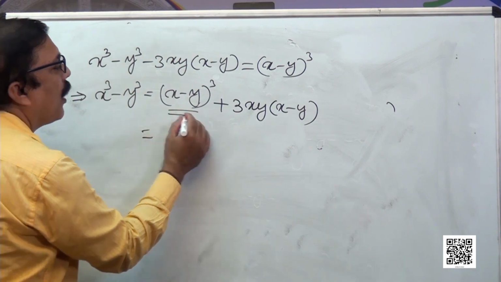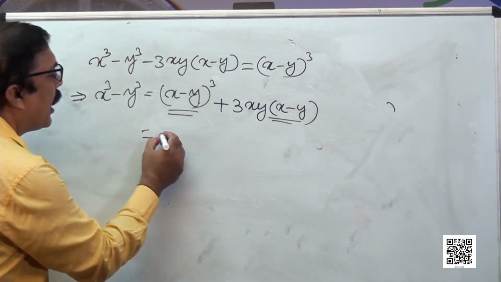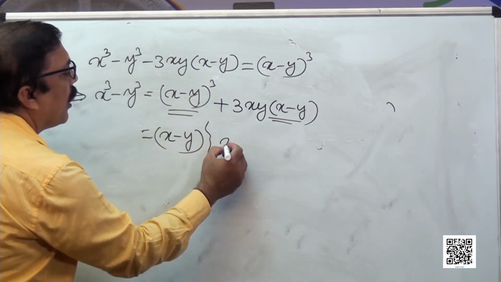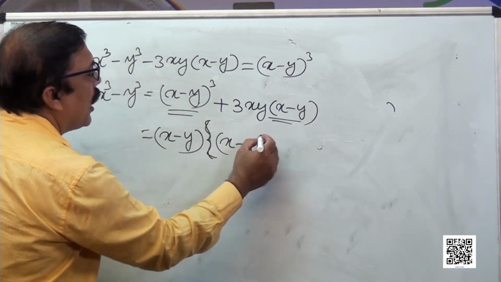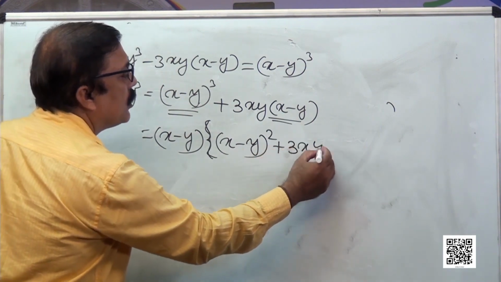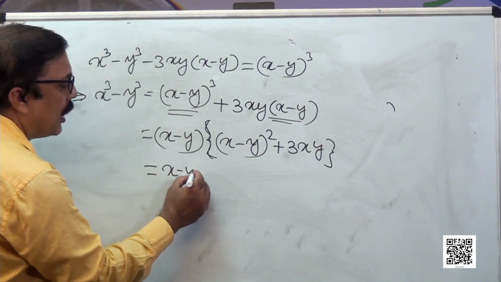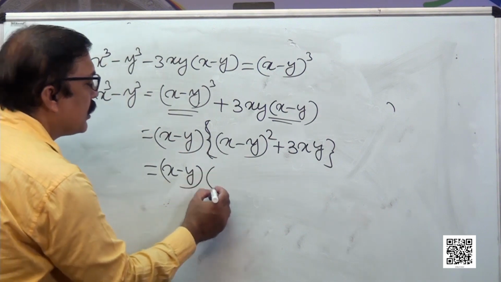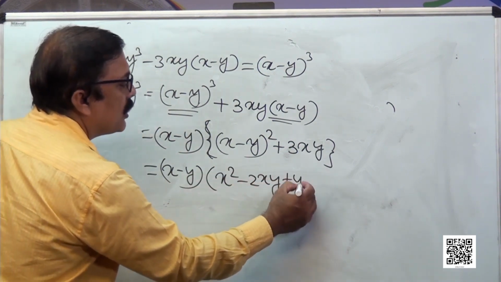From these two, we have x minus y as common. Taking x minus y common, we have here x minus y whole square, and from here we have plus 3xy. So x minus y, and the identity of x minus y square is x square minus 2xy plus y square.